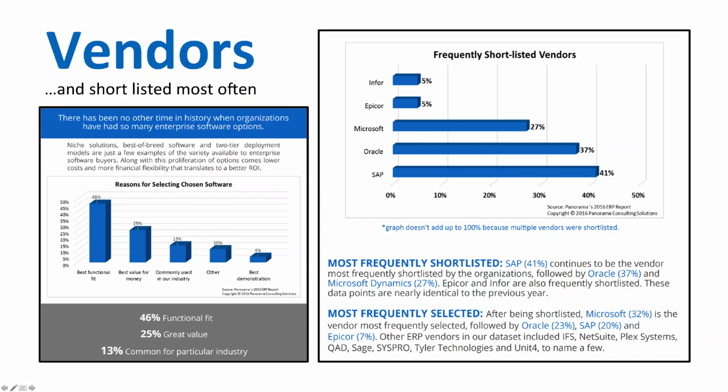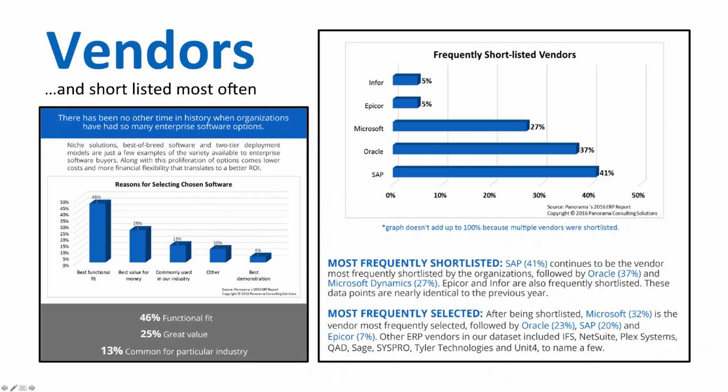So vendors, you can decide on looking at which ones are shortlisted most often, and you can see that on the right hand side here, SAP is shortlisted in 41% of cases, followed by Oracle and Microsoft Dynamics, Epicor and Infor. Those are the five big ones.